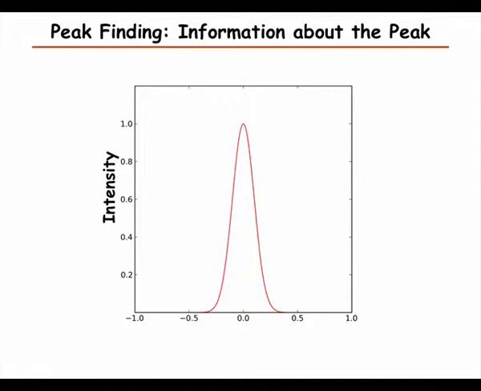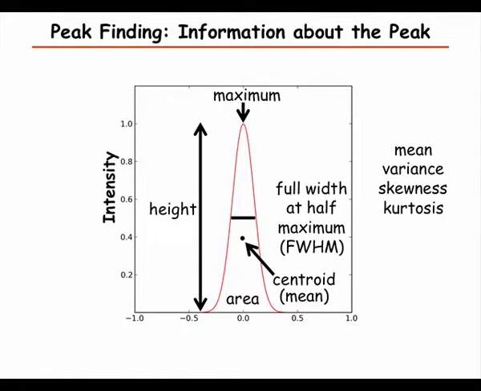So now we have our peak, and we're going to go back to what we looked at before. The things we want to find are where the maximum is, the centroid, area, height, and full width at half maximum. Those are the things we usually want to know.